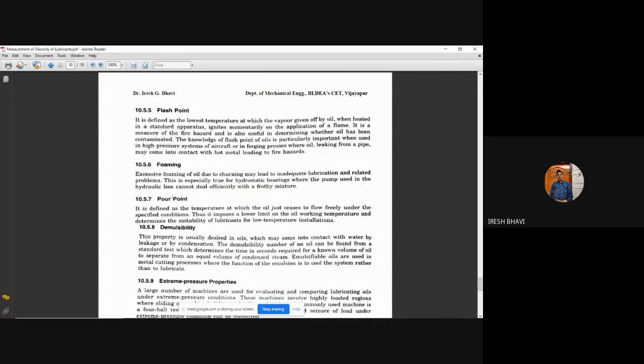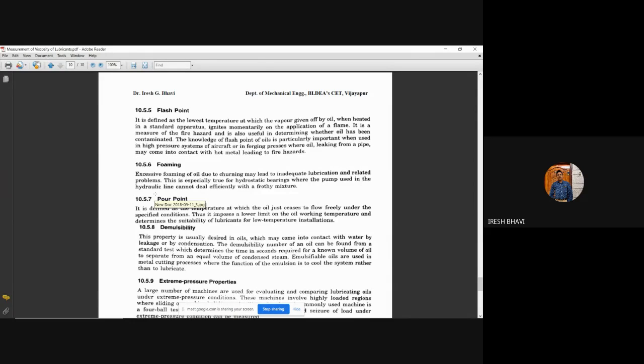Then pour point. Pour point means what? The lower temperature at which the lubricating oil becomes liquid and gets poured. You know that at very, very low temperatures, the lubricating oil gets solidified, and when it gets solidified, it cannot flow. Now, slowly, when you go on increasing the temperature, for example, suppose you are starting at minus 100 degrees Celsius, then at minus 90, minus 80, minus 70 degrees, like that up to 0 degrees Celsius.